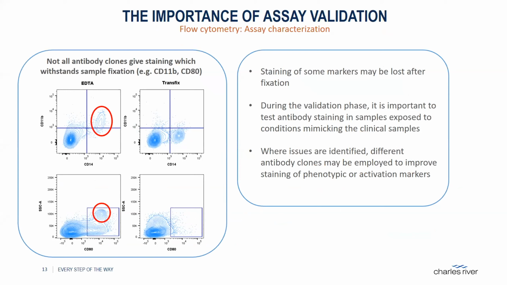So here's an example of a flow cytometry test where we're looking at cell surface expression of several markers on immune cells in EDTA anticoagulated blood on the left. However, when we try to fix these samples by transferring the blood into a fixative instead, to try and stabilize the marker so samples could be batched or shipped from a more geographically distant site, what we found was we lost expression of some of the markers that we were interested in.